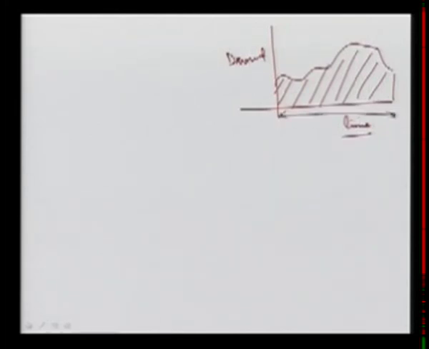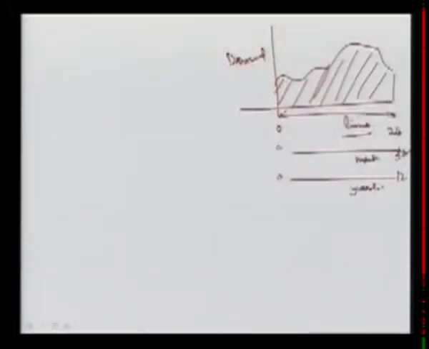Let us suppose here 0 to 24, so it will be for 1 day. If you are going for 1 month, then it is from 0 to 30 days, and that is called monthly. If you are going for yearly, then 0 to 12 months. So the area gives your total energy produced during that period.